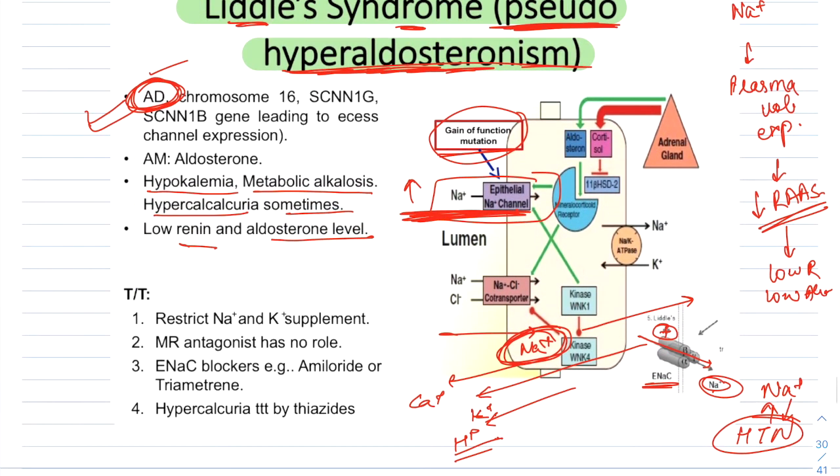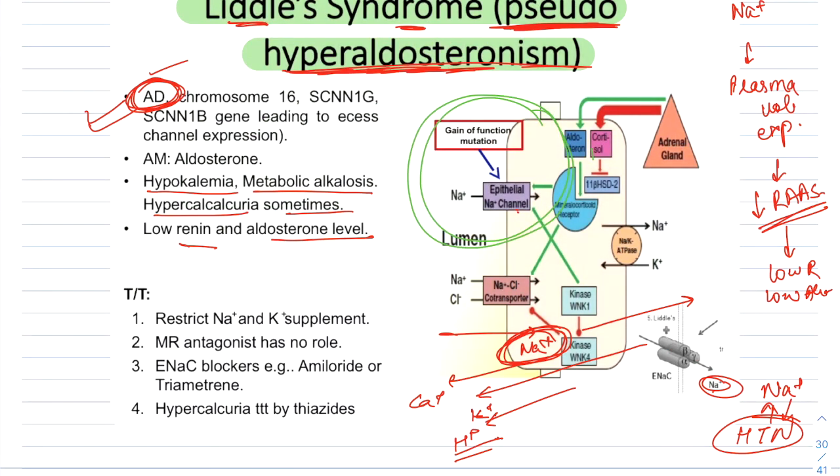Okay, so this was Liddle syndrome, which is actually a gain of function mutation in the epithelial sodium channels. The epithelial sodium channels are the main culprit in Liddle syndrome.